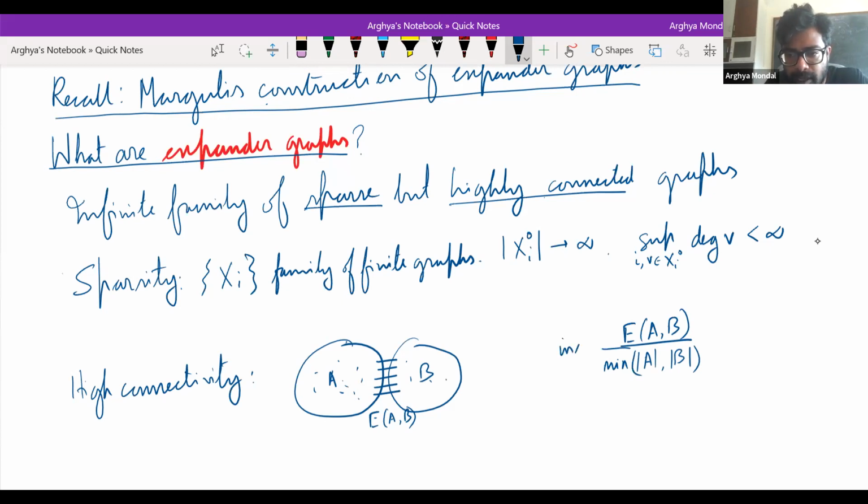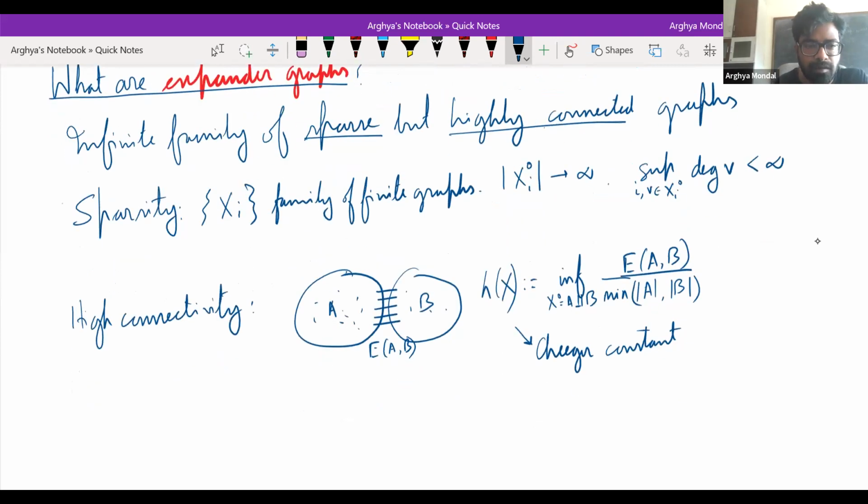And I look at the infimum over all such disjoint partitions, and this is called the Cheeger constant.